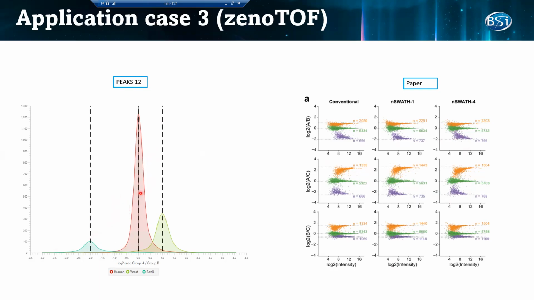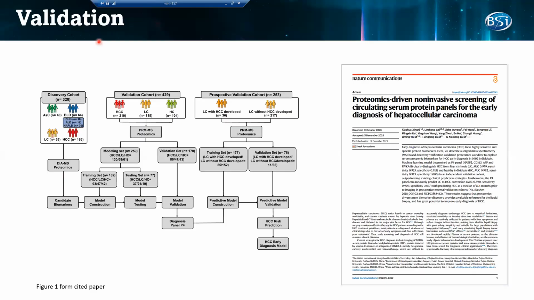Okay, before, we showed how in the discovery step we can get the discovery result to get the differential proteins. Then usually in clinical research, or in our real research, the next step is validation.